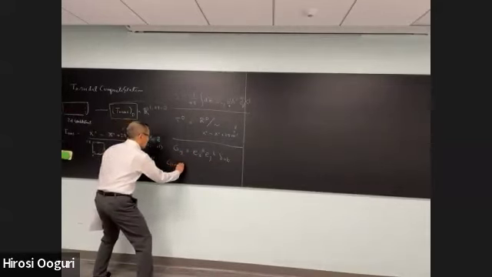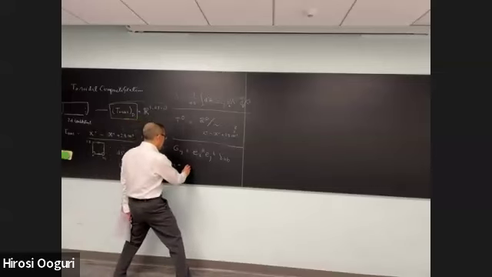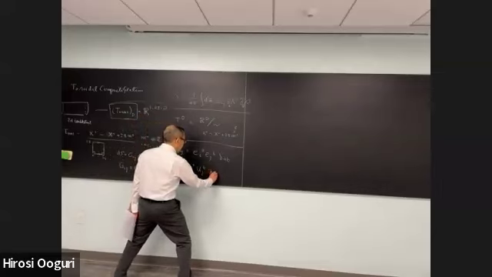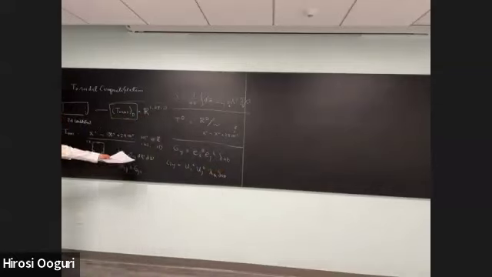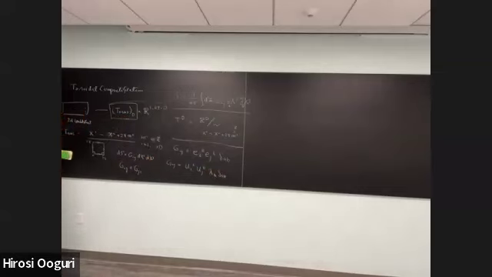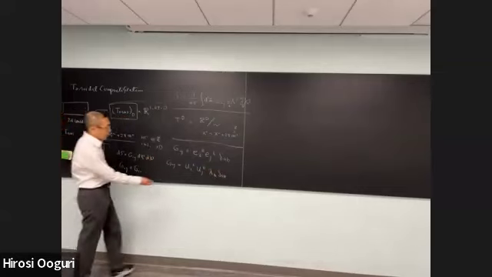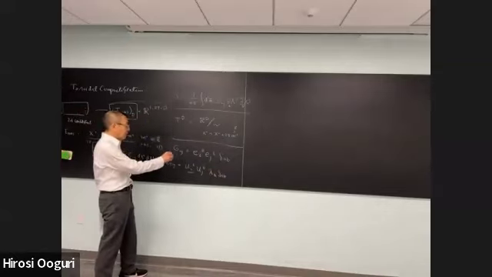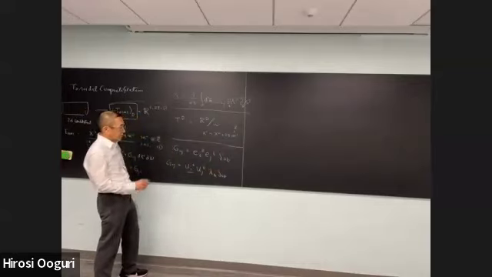First you can diagonalize G_ij by some matrix. You can do this by some matrix U_i^a U_j^b, and then lambda_a delta_ab. You can always do that, right? Because here I'm just diagonalizing the d by d symmetric matrix by some orthogonal rotation by U. So a and b, and i and j, all go from 1 to d.